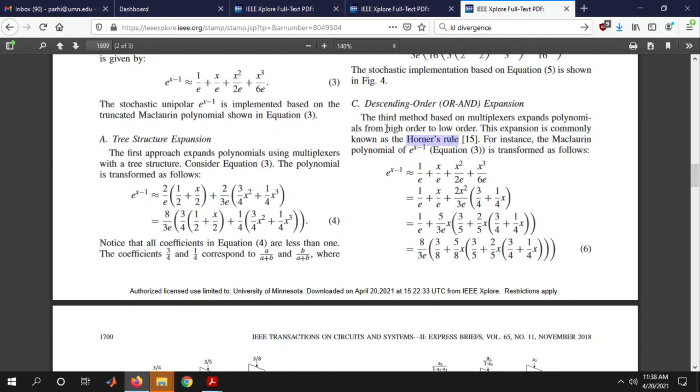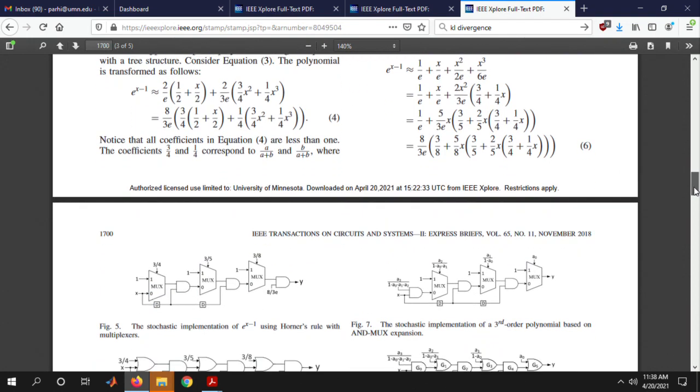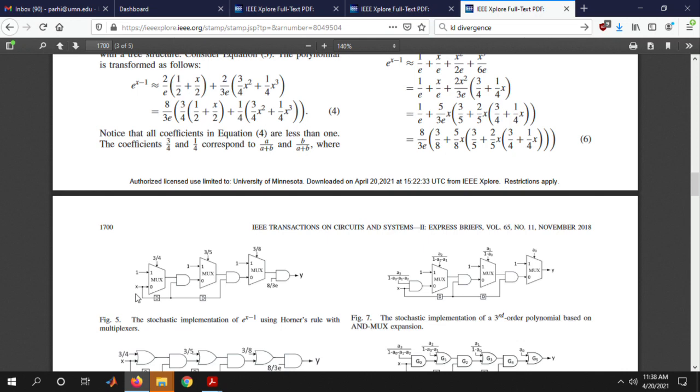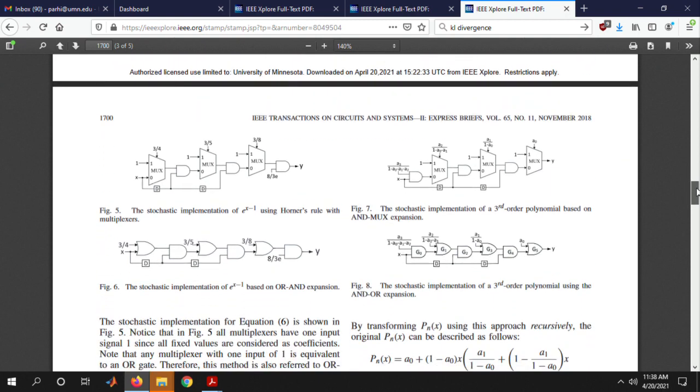Maybe it may be useful to just read this one approach instead of many approaches. Section C would be useful, I think. So start with the Horner's rule approach and see how that maps to this figure 5, e to power x minus 1, using Horner's rule. So there are several expansion approaches. All of them are equivalent.